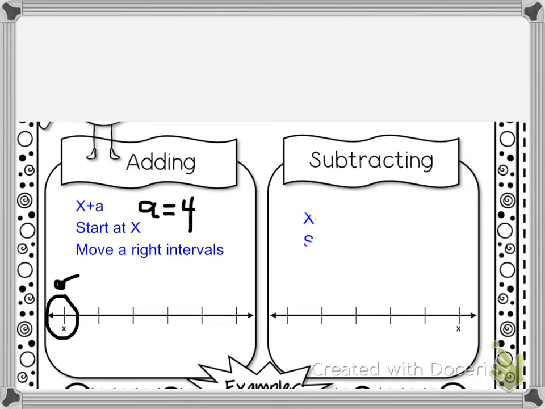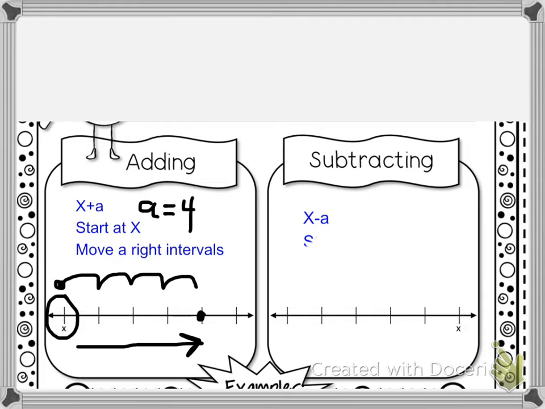So I'm going to move 1, 2, 3, 4. Because I'm adding, I move to the right to get a larger sum than the addends that I started with. So I start with x, my starting number. My second number tells me how many I have to move on the number line. And because I'm adding, I know that I'm moving right.